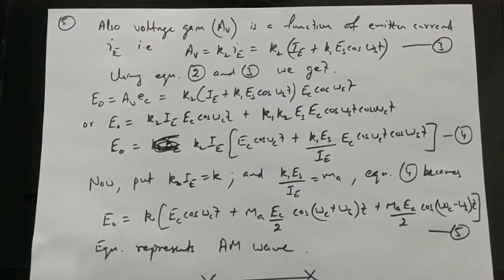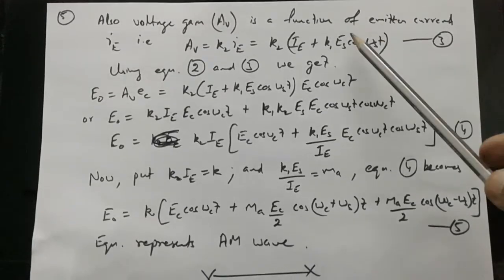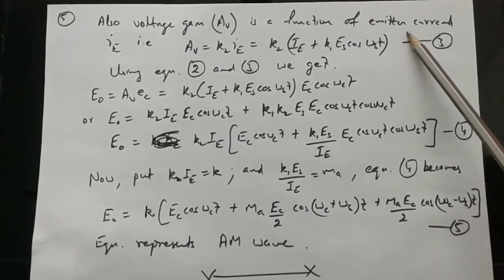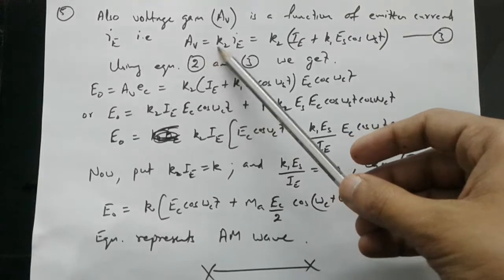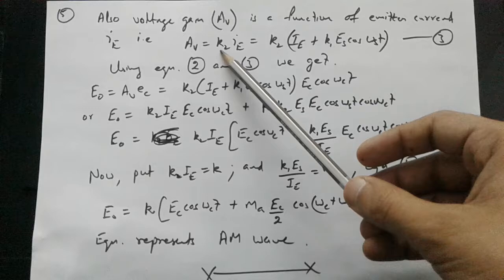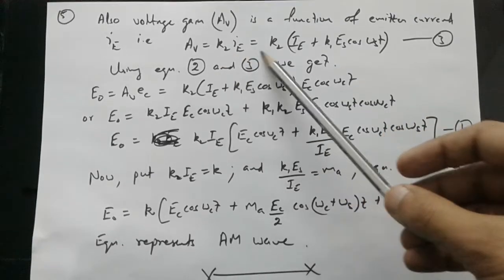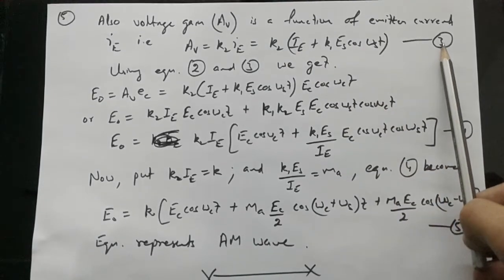The voltage gain of the transistor is a function of emitter current, so it will be proportional to the emitter current, with another constant of proportionality K2. If we put the value of the emitter current, we get equation 3.